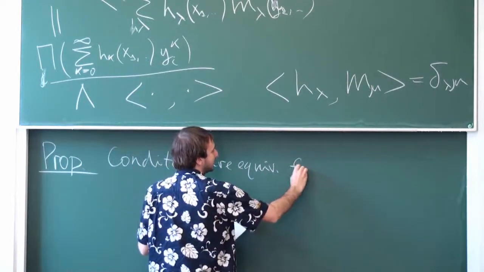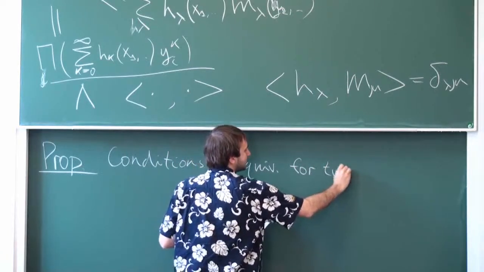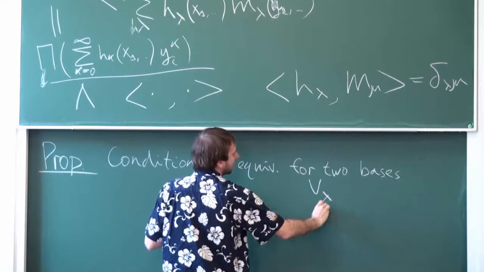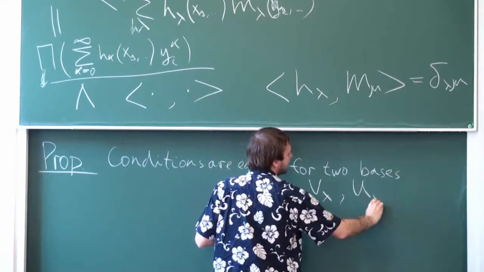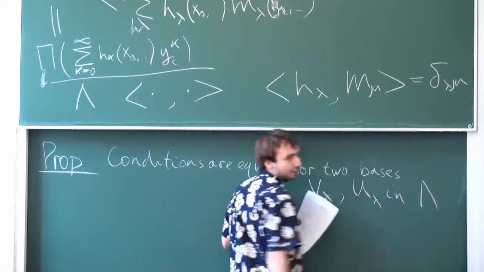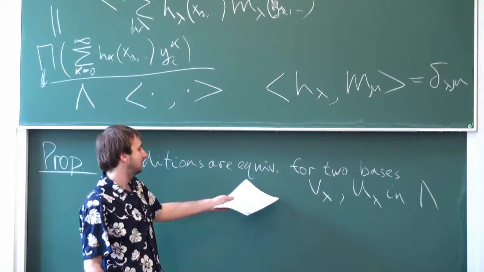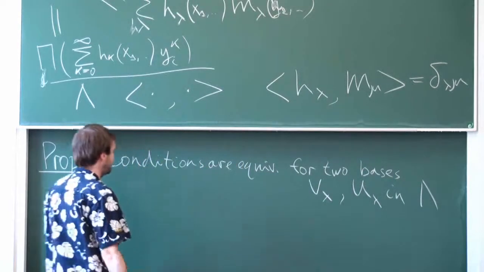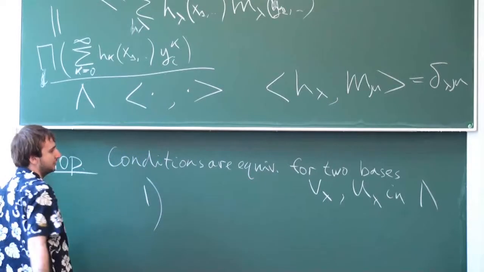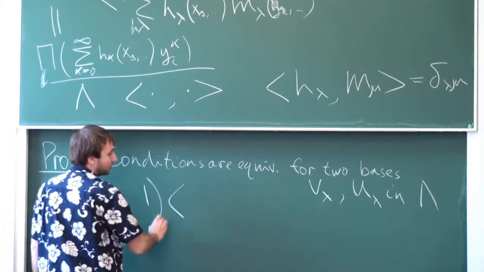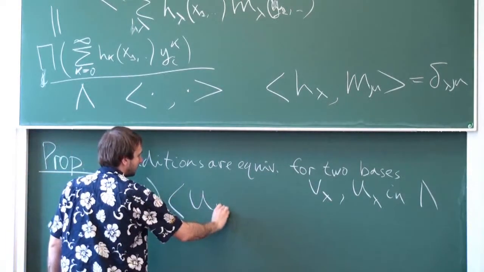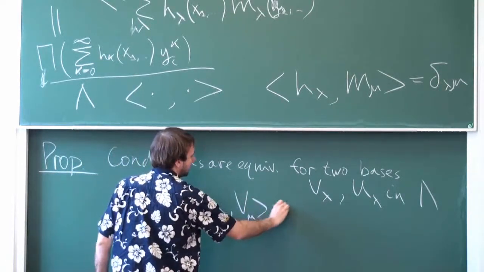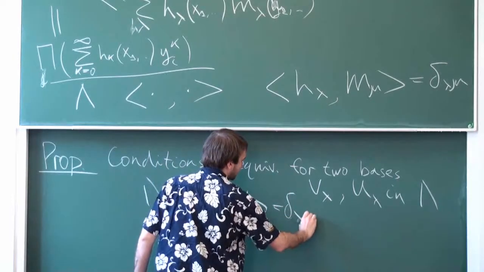For two bases, V_lambda and U_lambda, in the ring of symmetric polynomials. So suppose that we have two bases in the ring of symmetric polynomials, V_lambda and U_lambda. We can say, first, the property is that they are orthogonal to each other: the scalar product of U_lambda and V_mu is the delta function of lambda and mu.